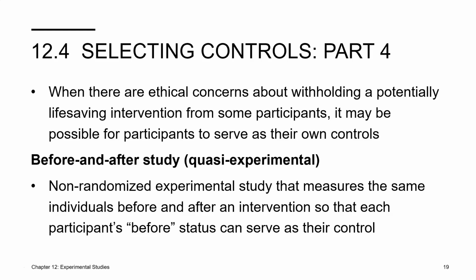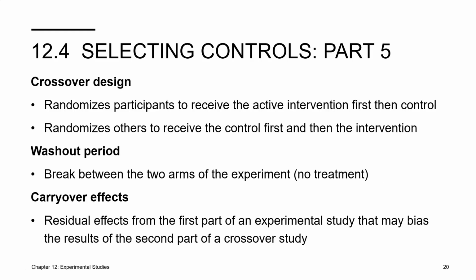It is also done for knowledge, attitudes, and skills that are usually assessed in cross-sectional studies, and for any type of educational evaluation where you do a pre-post test. A quasi-experimental study measures the same participants before and after an intervention, and their before status is considered their control.